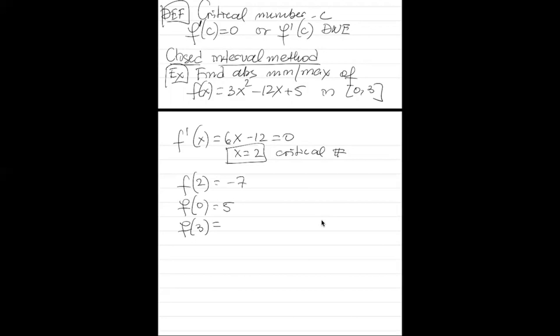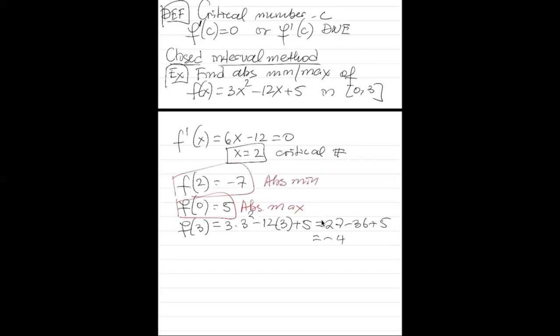And f of 3, let me do this, 3 times 3 squared minus 12 times 3 plus 5 equals 27 minus 36 plus 5. So it looks like -4. So the biggest number is 5. So that's the absolute maximum. And the smallest number is -7. It's the absolute minimum. We ignore the other one.